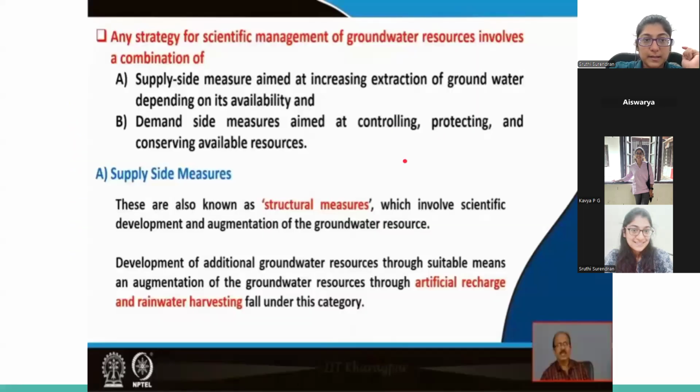So let's see, supply side management is mainly development of additional groundwater resources in order to fulfill the supply side of the groundwater resources.